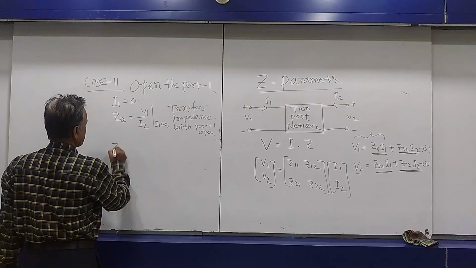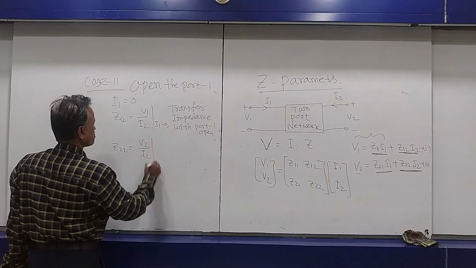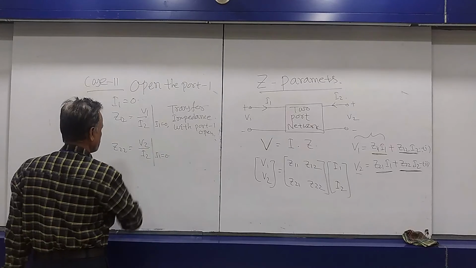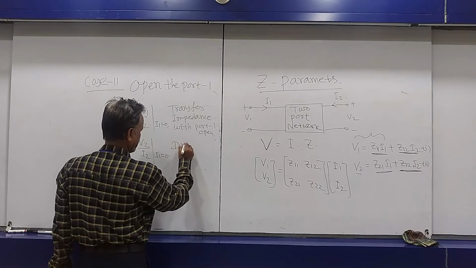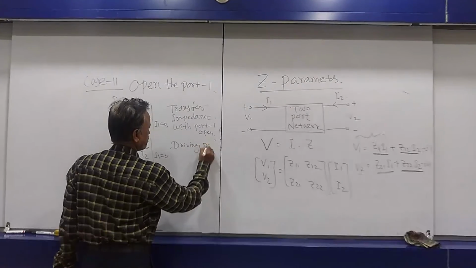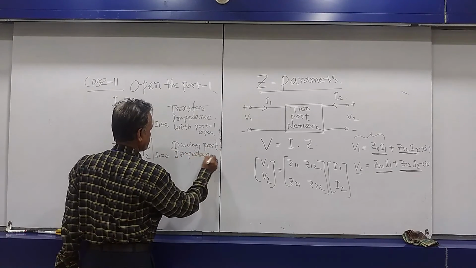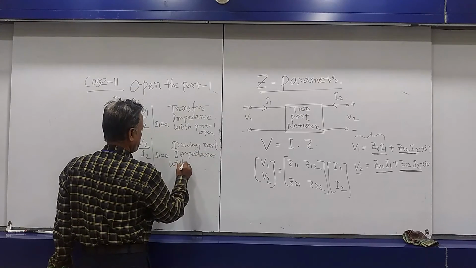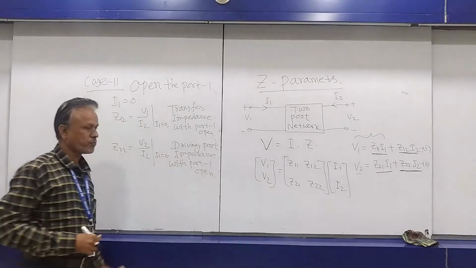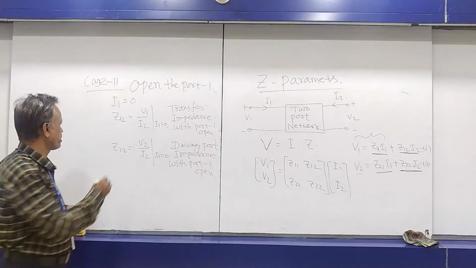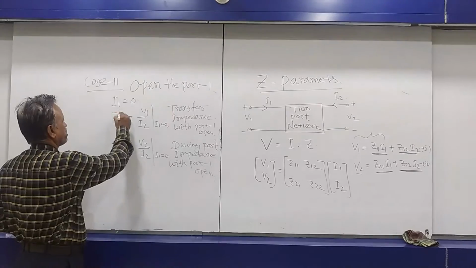So Z22 is equal to V2 by I2 when I1 is equal to 0. That means it is the driving port impedance with port 1 open. So this is Z22 and Z12.